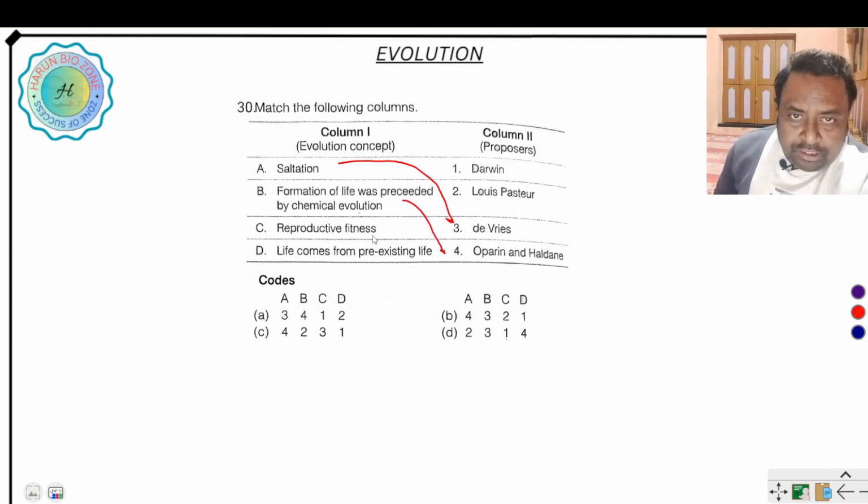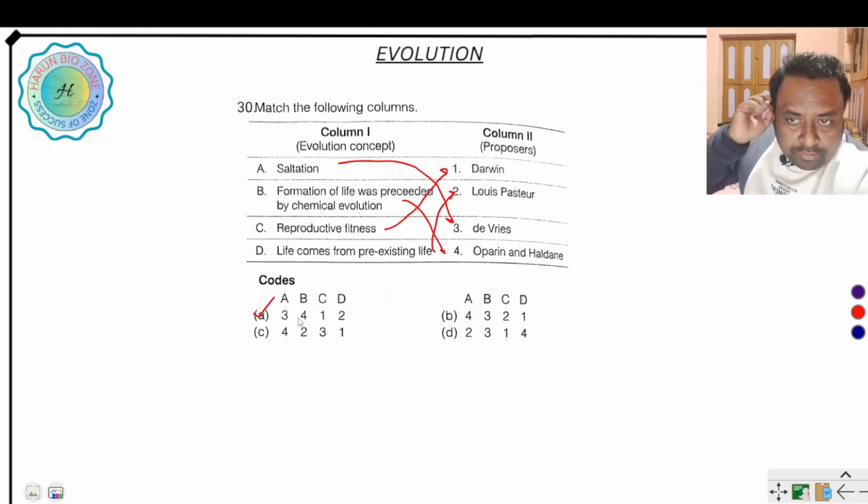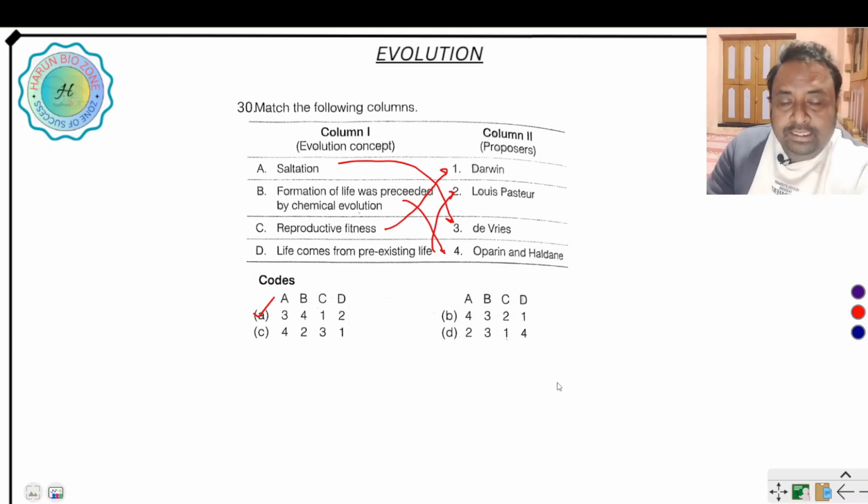Reproductive fitness is proposed by Darwin, and life comes from pre-existing life, that is Louis Pasteur. So A is the correct option.